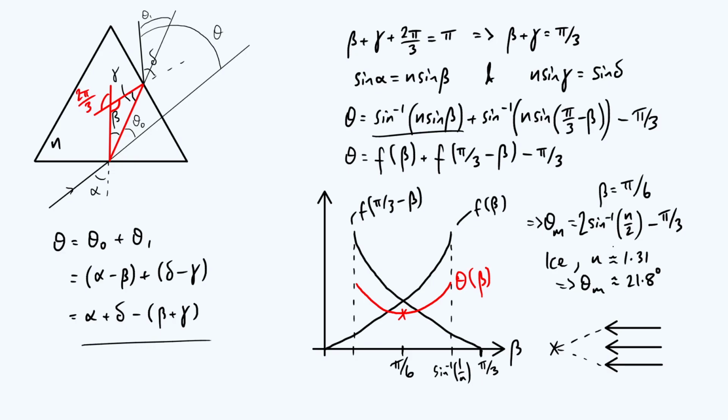And so that means, if the ice crystals themselves are randomly oriented, that's equivalent to sweeping over the full range of alpha values, in other words, angles of incidence, and therefore sweeping over the full range of possible beta values. And so that's why you suddenly see this bright ring of light at this minimum possible angle of refraction, 22 degrees.